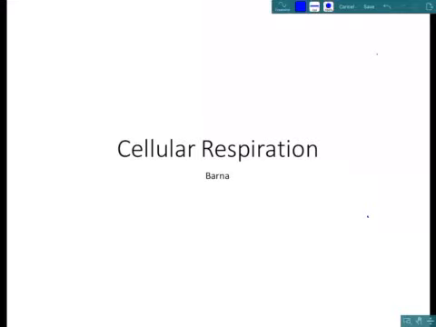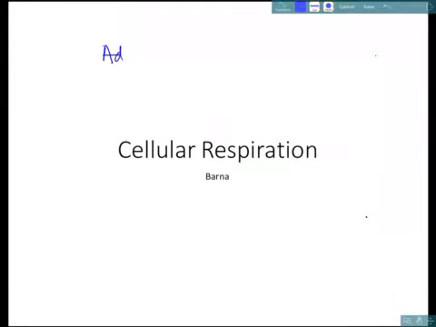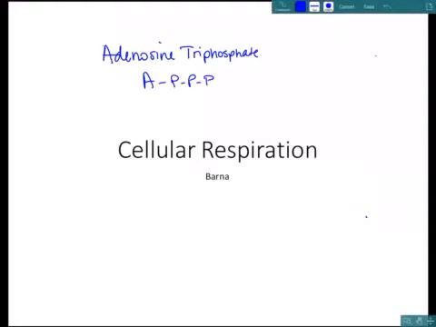When we look at ATP, ATP stands for adenosine triphosphate, and it's kind of like this adenosine molecule. There is a sugar in there too as well, but you have 3 phosphates, and what you do is you cleave off one of these phosphates and you attach it to something to do work in the body.